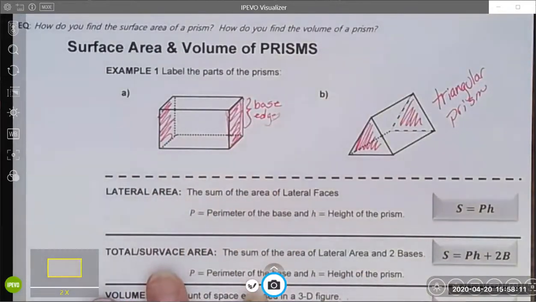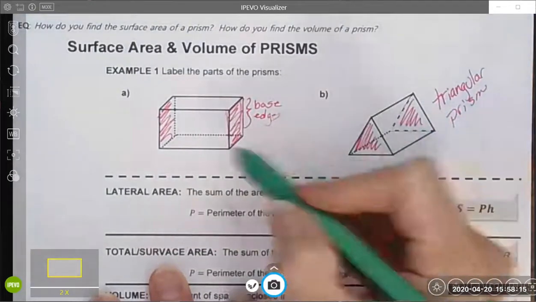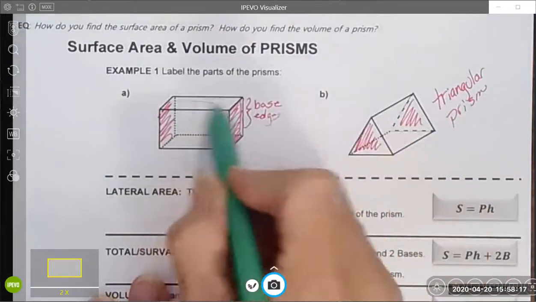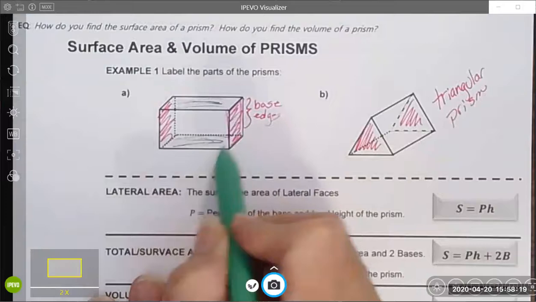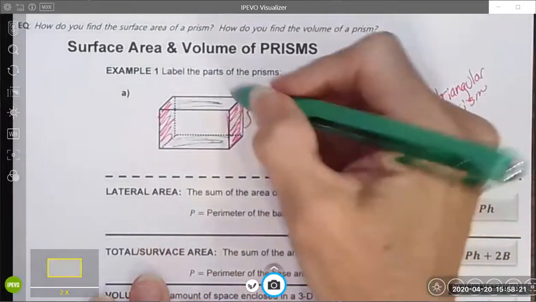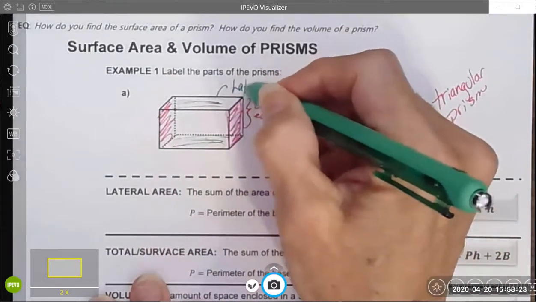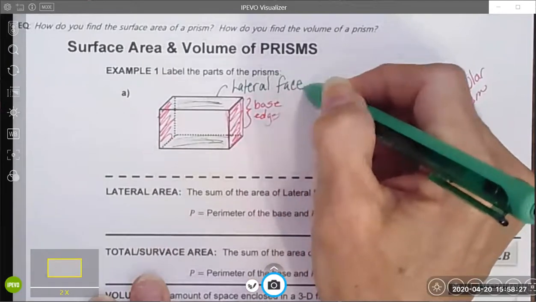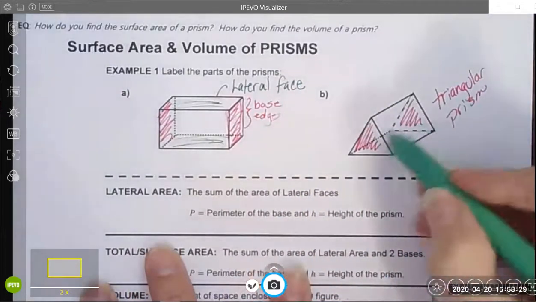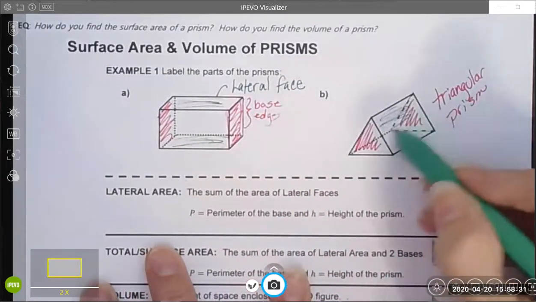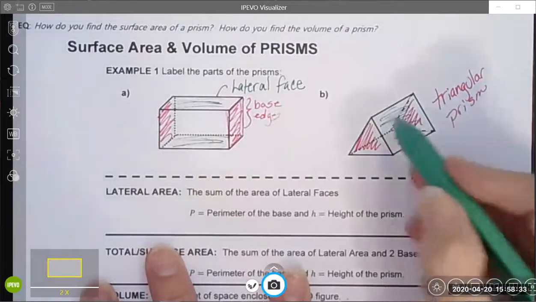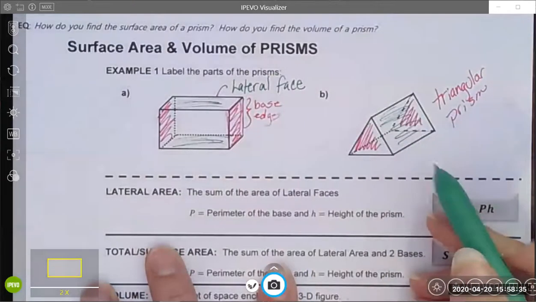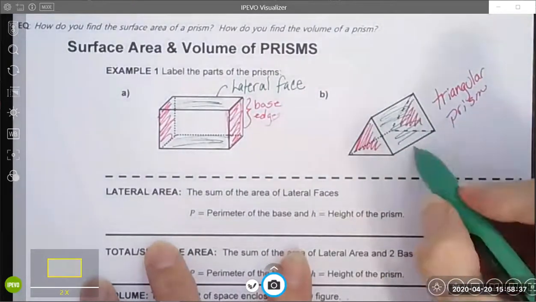The bases of a prism are separated by what we call lateral faces, and the lateral face in this case would be sort of the top or the bottom, the front and the back. So these are lateral faces. That's a lateral face. In the triangle, it would be the top, the bottom, and the side that I can't really sketch in very well.